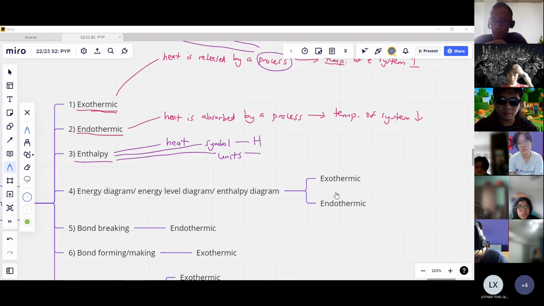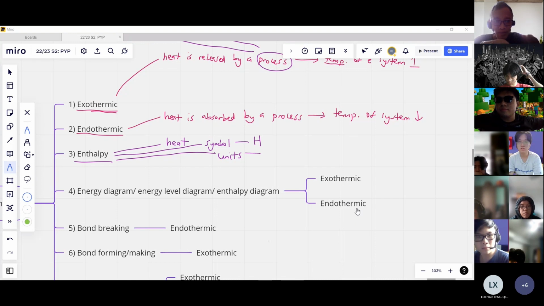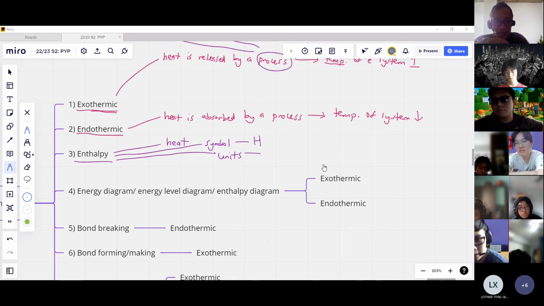Ziming? Edison? Yep, Edison, what are the units for entropy? Oh, well, then you can just type it out.